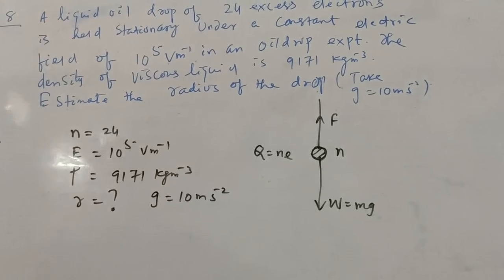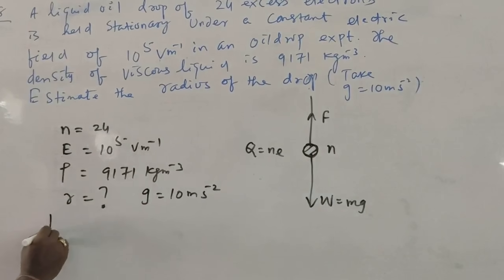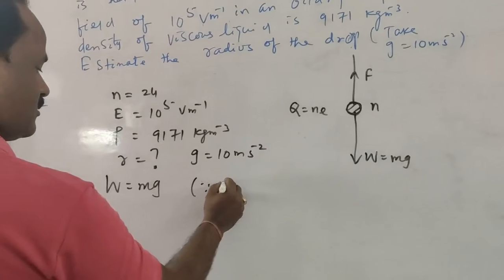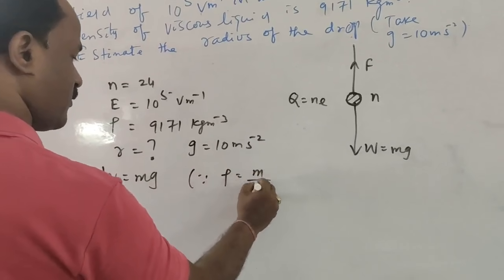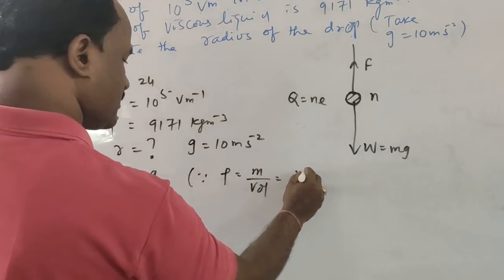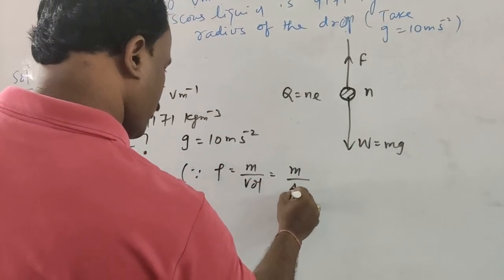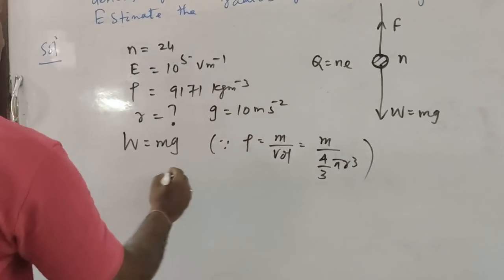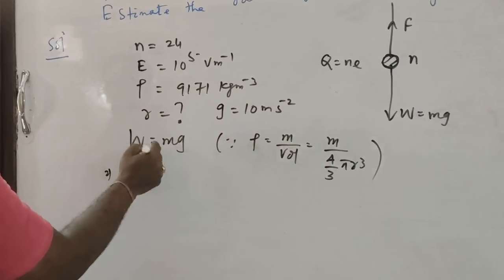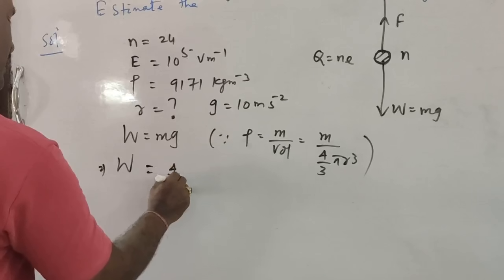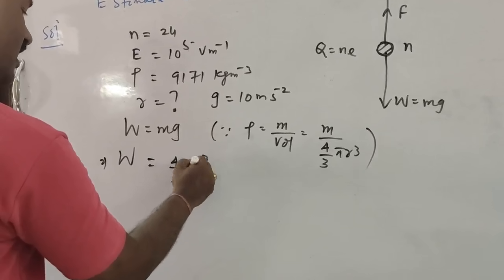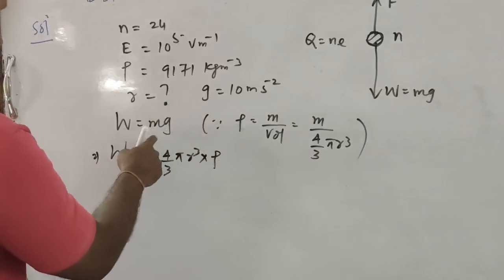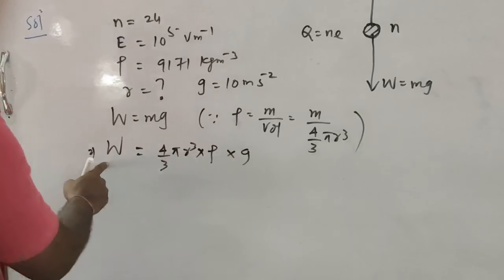Keep in mind, weight of the drop W is equal to mg. Since density is equal to mass by volume, and volume for a spherical shape is 4 by 3 pi r cube, instead of m you write 4 by 3 pi r cube multiplied by rho, and multiplied by g, that is the weight.